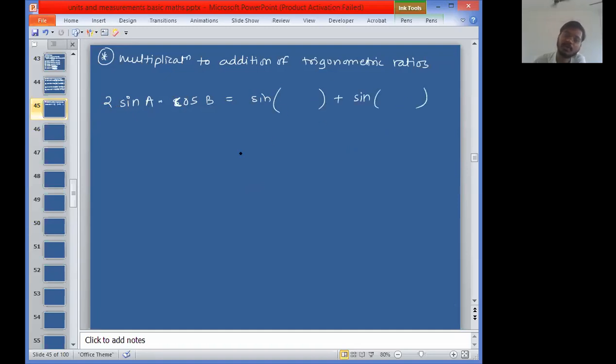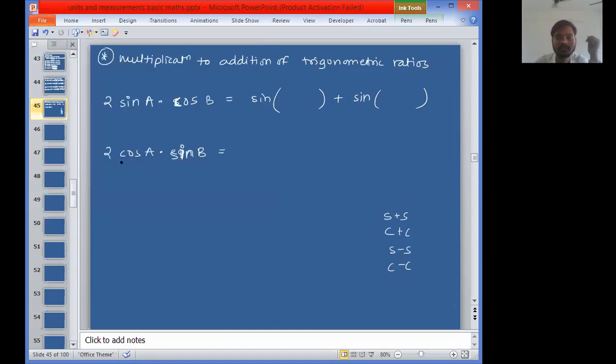Sine plus sine. Okay. If you have 2 cos sine, reply to me in the chat box. 2 cos 30 into sine of 60 means 2 cos A sine B. For sine write S. For cos write C. If you want to write sine plus sine like this: cos plus cos, sine minus sine, cos minus cos, use these short forms.